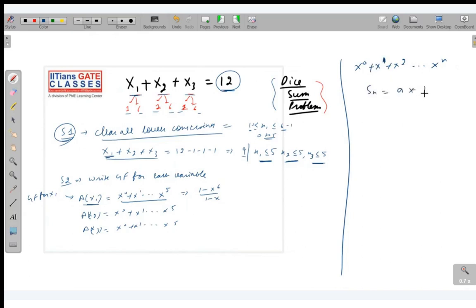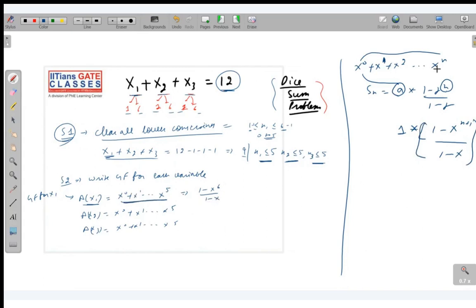That is a into (1 minus r^n) upon (1 minus r). a is the first term, the first term is x^0, which is nothing but 1. r is the common ratio, which is x. And n is the number of terms: 0 to n are n plus 1 terms. So it is (1 minus x^(n+1)) upon (1 minus x). For x^0 to x^5, simply count the terms. That's it: (1 minus x^6) upon (1 minus x).